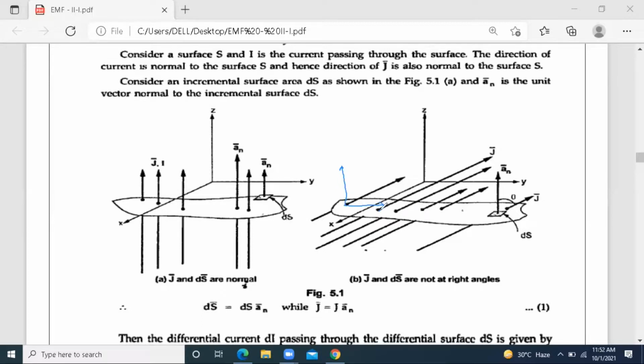Oh, Pythagoras, right? Yes, sir. All right, I get that. Because remember, J is a vector, so it has angles and such.